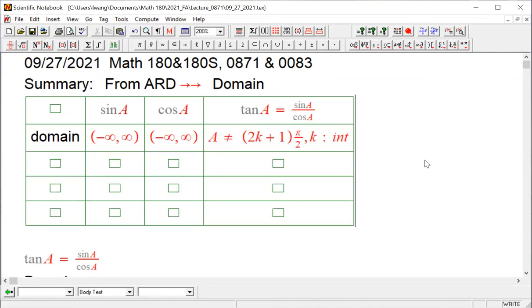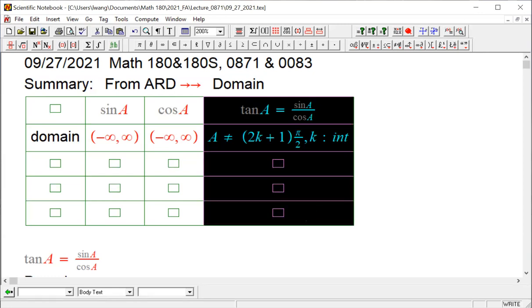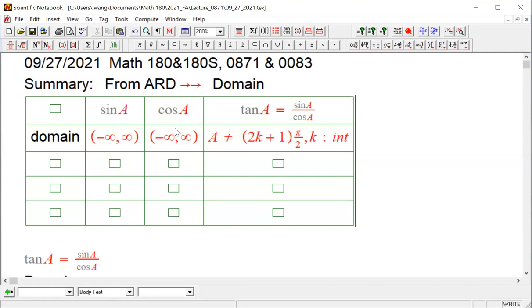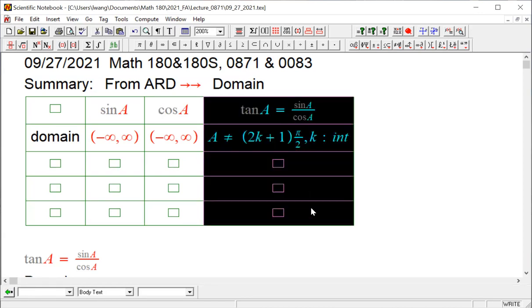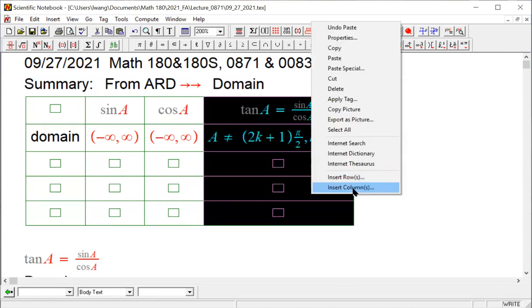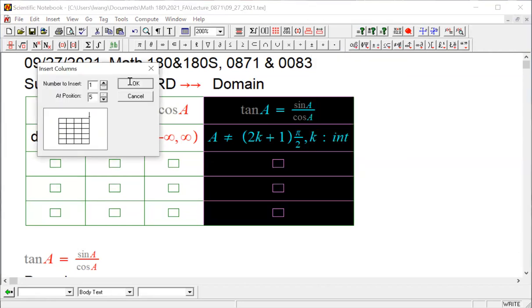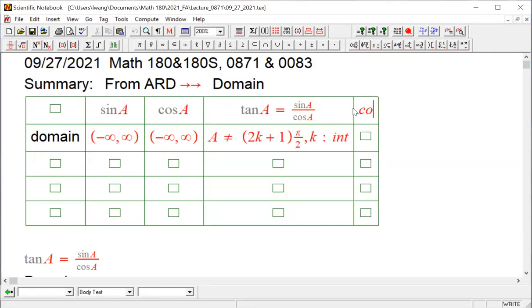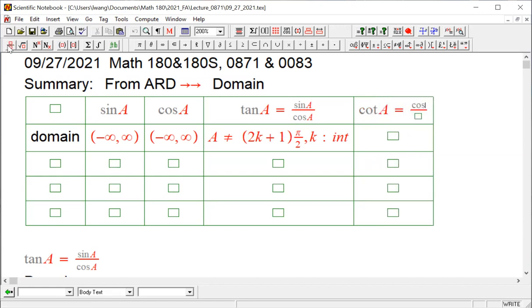How about cotangent? I'm going to put it here, and we'll make adjustments as we need. Cotangent A equals cosine A over sine A, right?